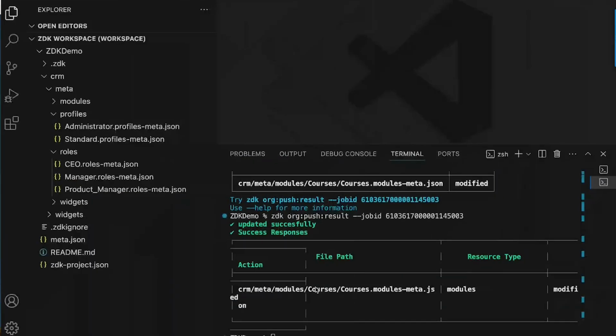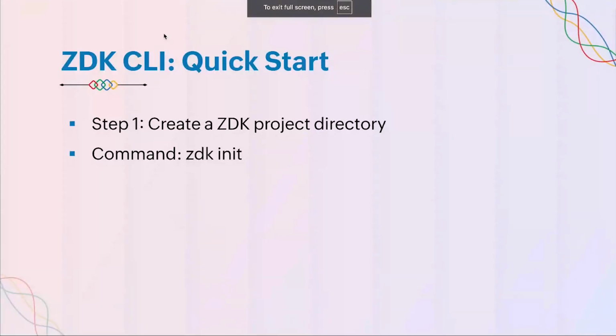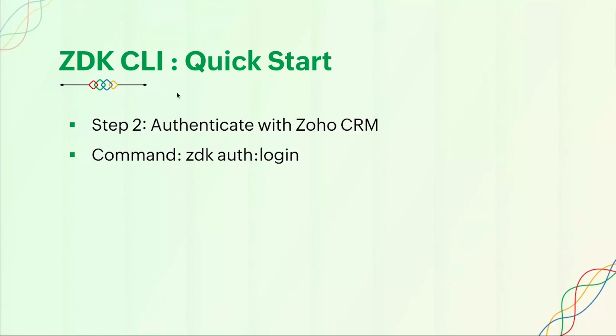So let us take a quick recap of the demo now. At first, I have created the ZDK project directory using the ZDK init command. Then I connected it to my Zoho CRM organization using ZDK auth login command.